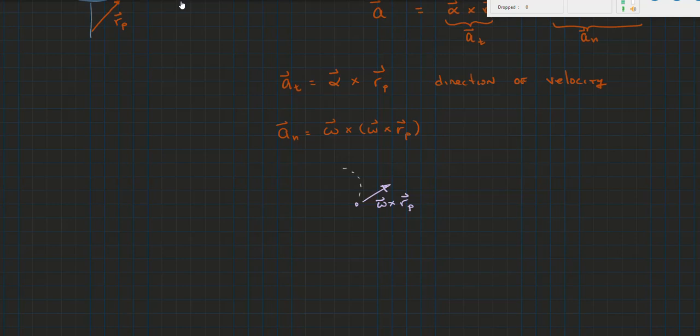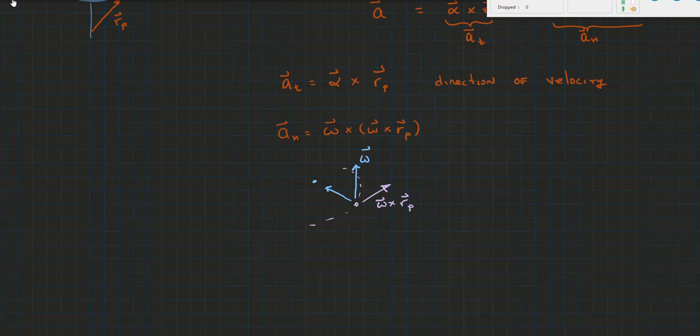So imagine this is a circle. And then we know that omega is in this direction, or if it's rotating the other way, it'll be the other direction. But regardless, omega cross r, then with the right hand rule, will create the vector pointing towards the center.